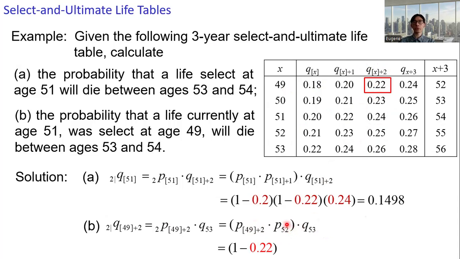And then p52 corresponds to this column, qx+3, where x+3 corresponds to 52, the age 52. The q is 0.24. Therefore, p52 is 1 minus 0.24. And then q53. Upon calculation, we get 0.14x2.